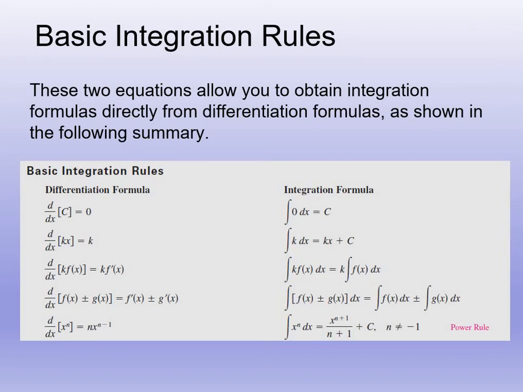So I would be left with k times x squared over 2 plus c when I did that. And the same rule applies for integration as it does for differentiation, sorry. When we have a sum and difference, we can break that integral into 2 separate integrals, of each individual function.